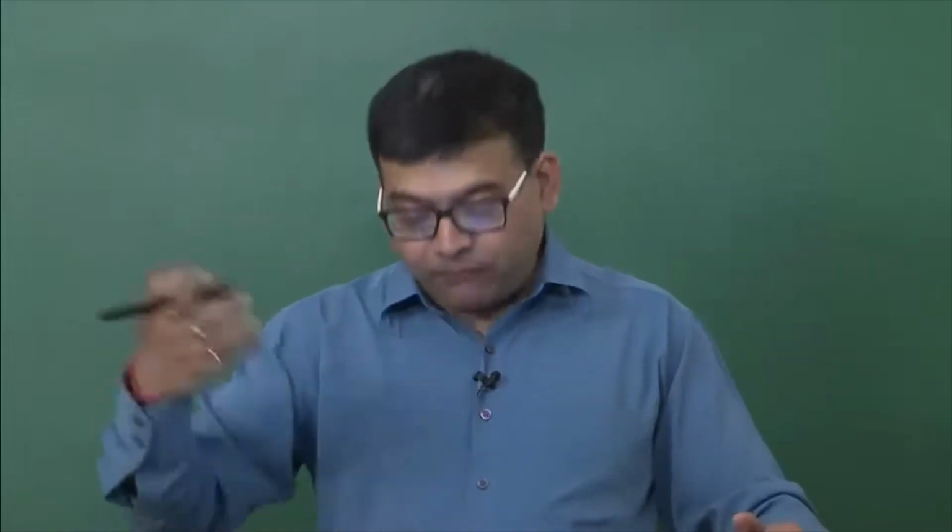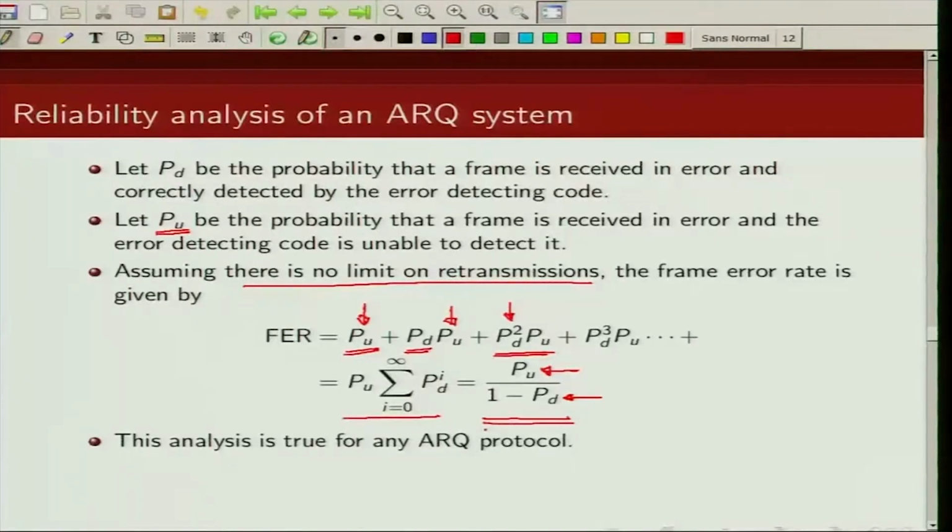So we can use the weight distribution of a linear block code to find out the probability of undetected error. So you can see that the frame error rate performance of these ARQ protocols does not depend on what we are transmitting or how we are transmitting. It only depends on the error detecting code that we are using.